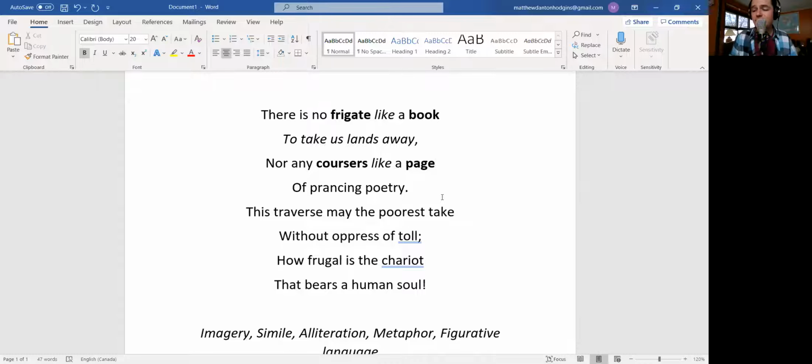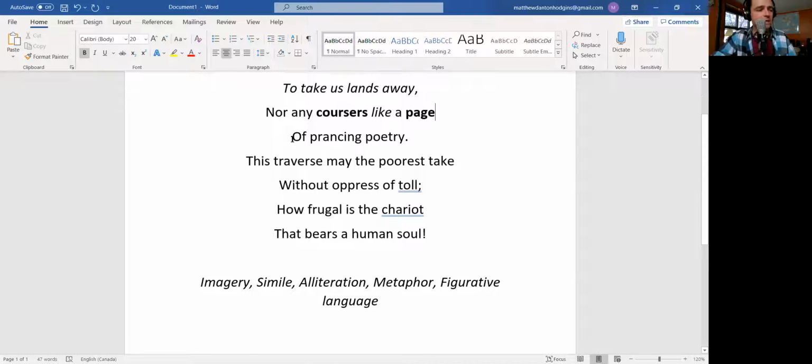So each page of every book is in and of itself like a vast, swift, monstrous horse taking us off lands away again and again in a figurative sense, right? So I think I'm understanding what this poet is trying to say. This poet is trying to say that books have the power to take you places that you don't physically have to go, right? So I love this next line here.